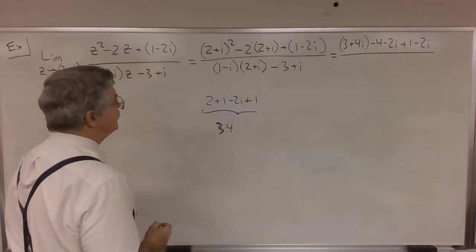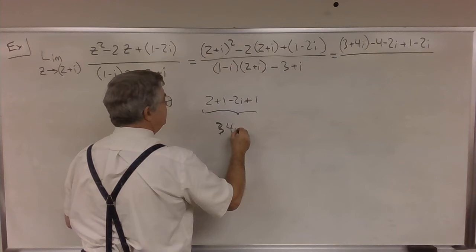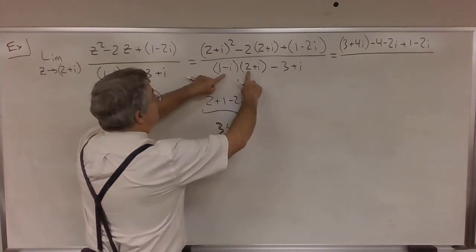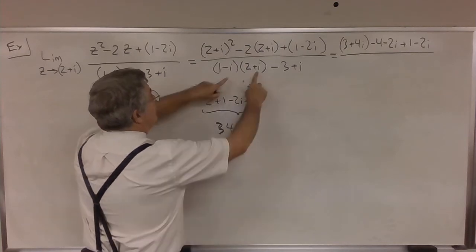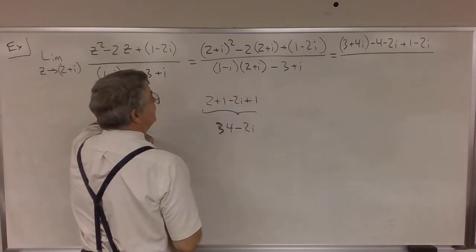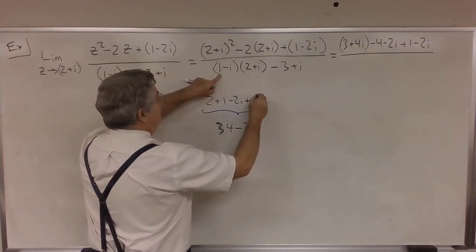Is that right? 4 minus 2i. Do I believe that? Plus 2 plus 1 minus 2i plus i.